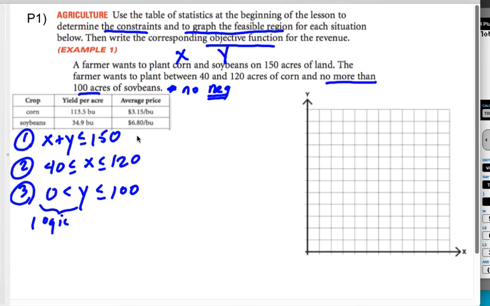So when I graph this guy, I'm going to graph him as Y is less than or equal to negative X plus 150. Now I'm going to suggest that when you graph this, again, you go by tens, right? Maybe even 20s because the 150 is kind of big. 1, 2, 3, 4, 5, 6, 7, 8, 9, 10, 11, 12. Yeah, that's not super fun, but cool.